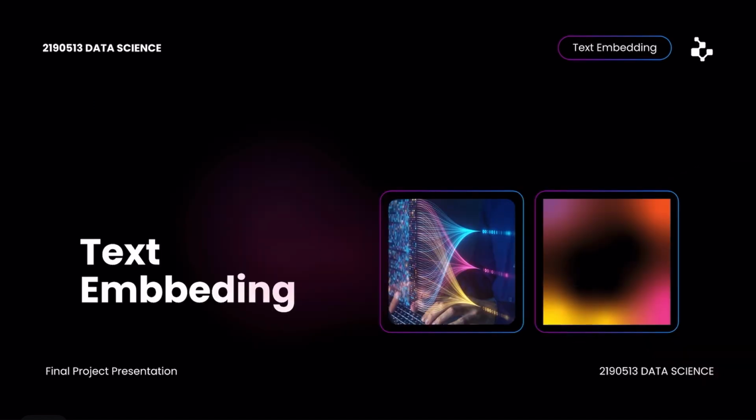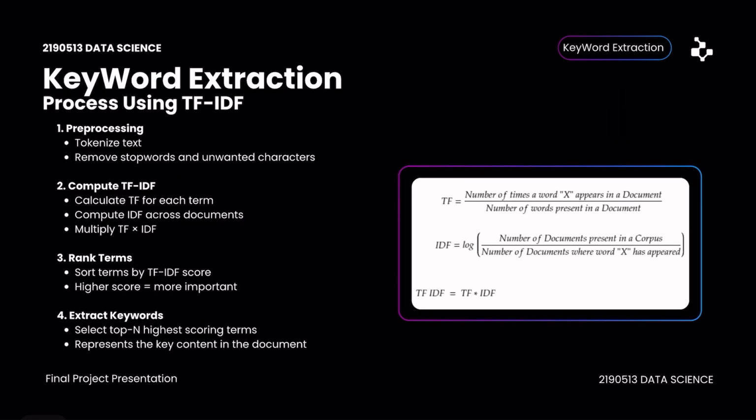Next is text embedding. For keyword extraction, first we begin with preprocessing. We tokenize the text into individual words and then remove stop words, special characters, and anything that doesn't add meaning. Next, we apply TF-IDF. We calculate the term frequency for each word, then compute the inverse document frequency across all documents.